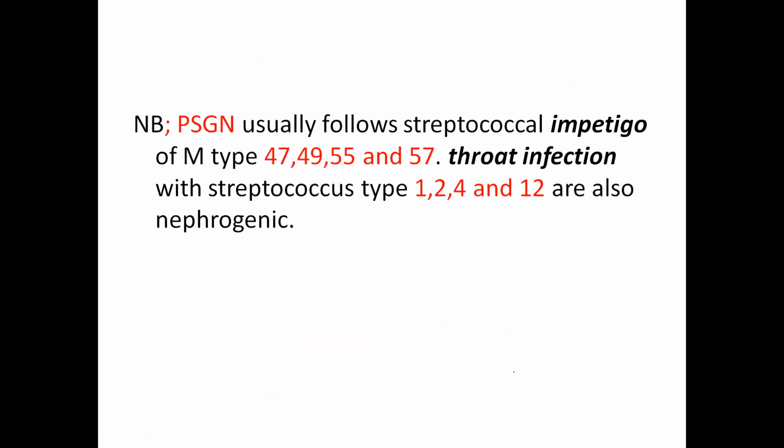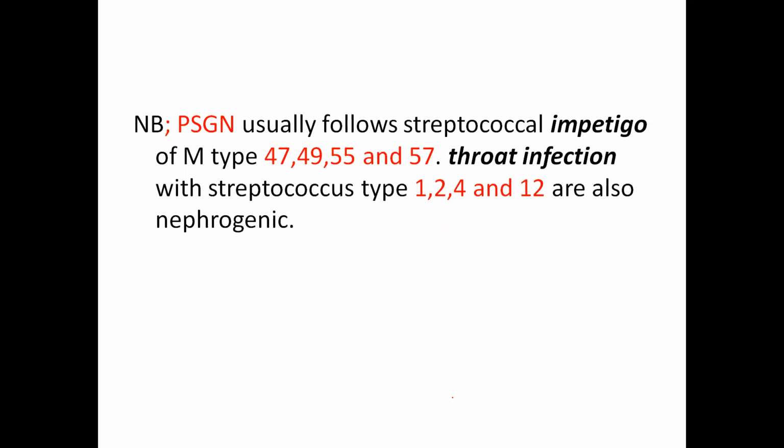Post-streptococcal glomerulonephritis usually follows streptococcal impetigo of M types like 47, 49, 55, and 57. Throat infection with streptococcus types 1, 2, 4, and 12 are also nephrogenic.